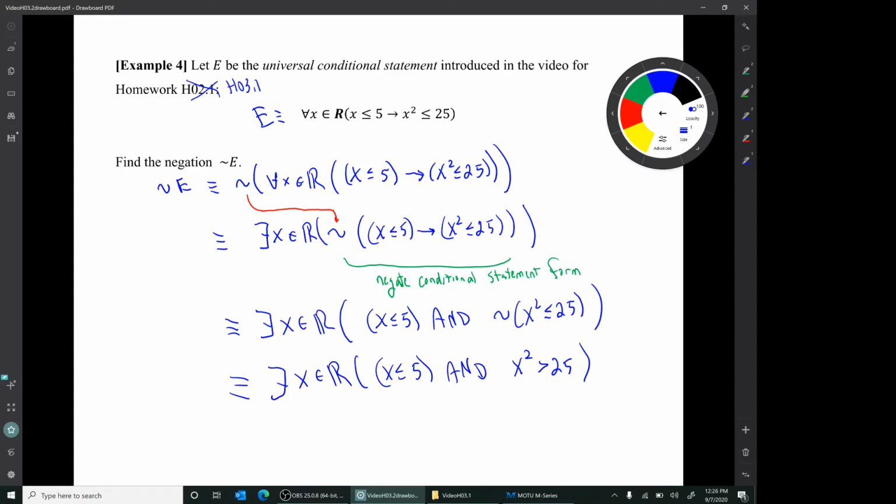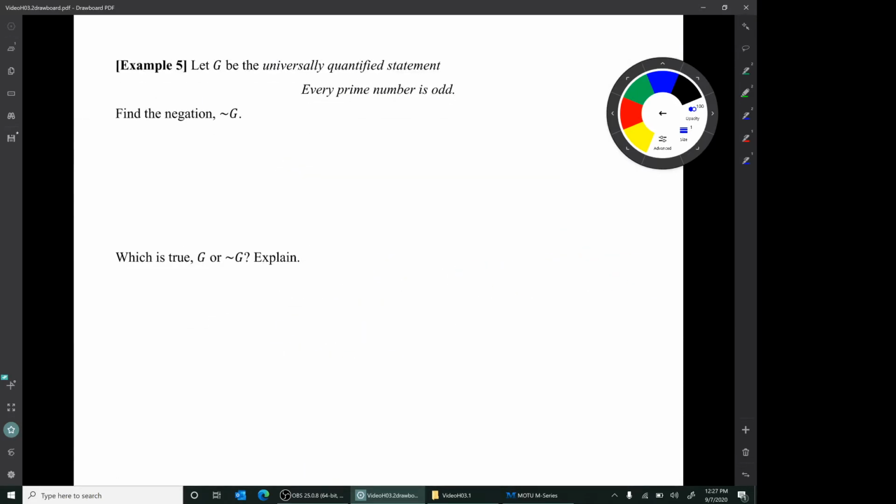So the original universally quantified statement E was false, and a counterexample was x equals -7. And the negation of E is true, and an x value that demonstrates that is x equals -7.